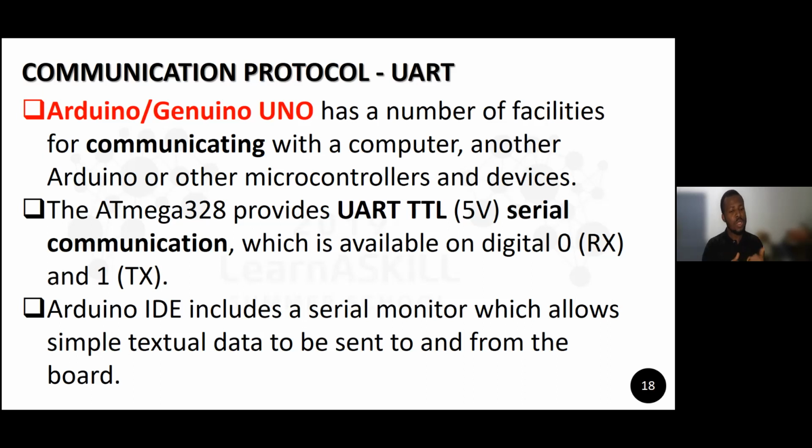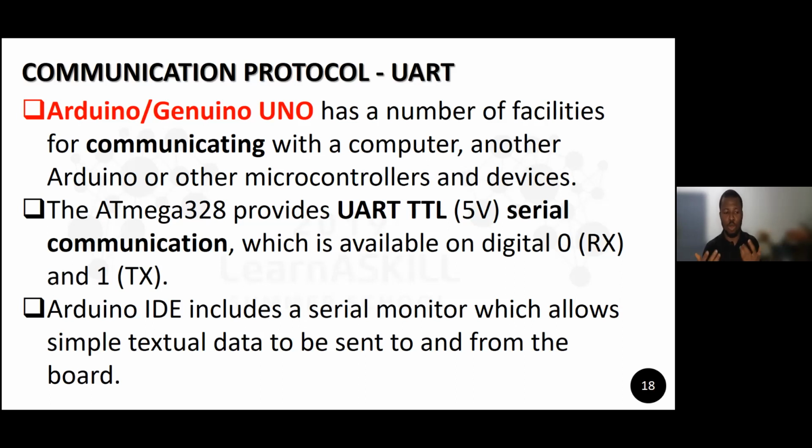Now, let's take something like a GSM module. You want to interface the GSM module to Arduino. GSM modules usually communicate with Arduino via UART. If you've used Uno before, probably you've heard of software serial or serial communication. Usually when you are performing serial communication, you are using the UART.